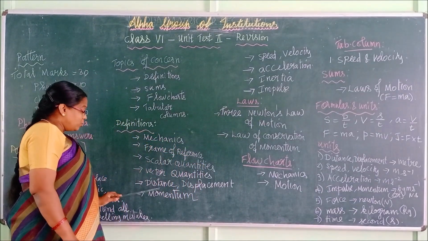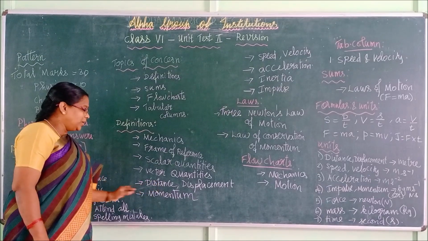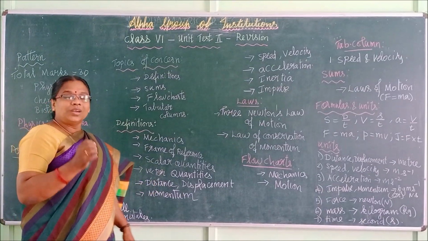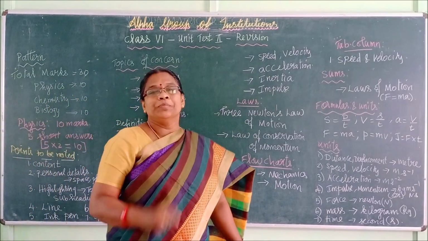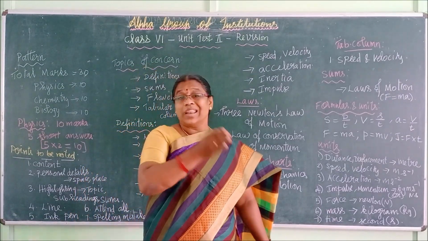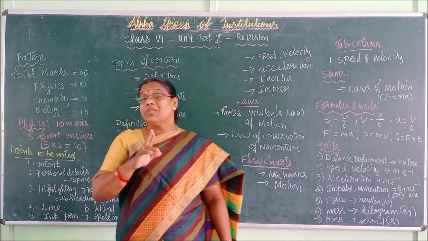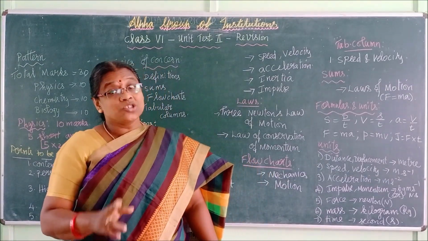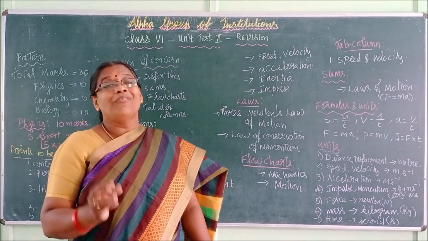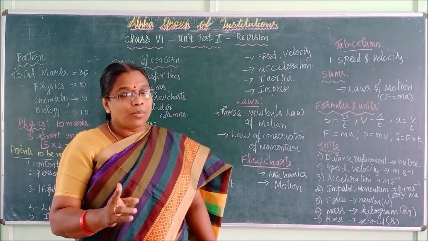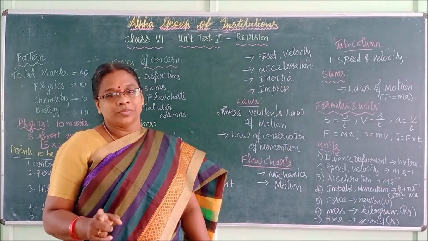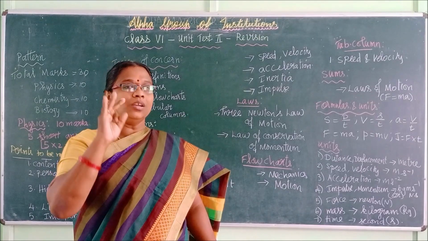Right? Okay. Now, coming to the next one, distance and displacement. What is distance and what is displacement? Distance is the length covered by an object. And when you are writing this question, be very alert. Whether it is asked or not, you have to write formula and unit. Definition, formula, unit.